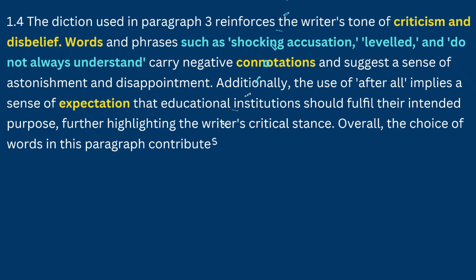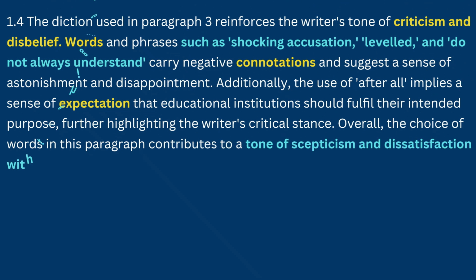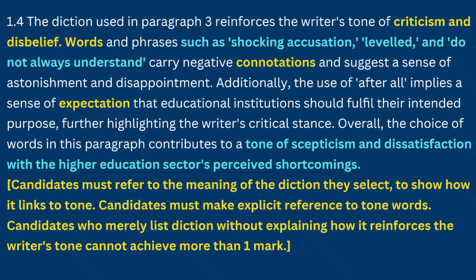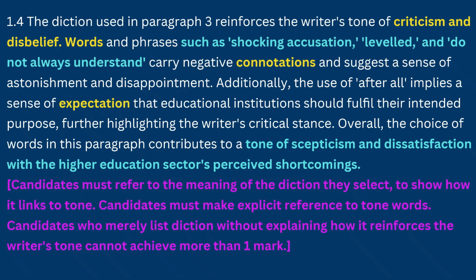Additionally, the use of after all implies a sense of expectation that educational institutions should fulfill their intended purpose, further highlighting the writer's critical stance. Overall, the choice of words in this paragraph contributes to a tone of skepticism and dissatisfaction with the higher education sector's perceived shortcomings.